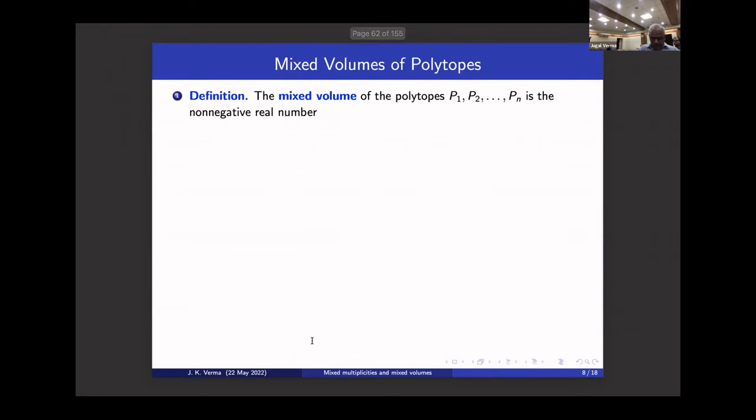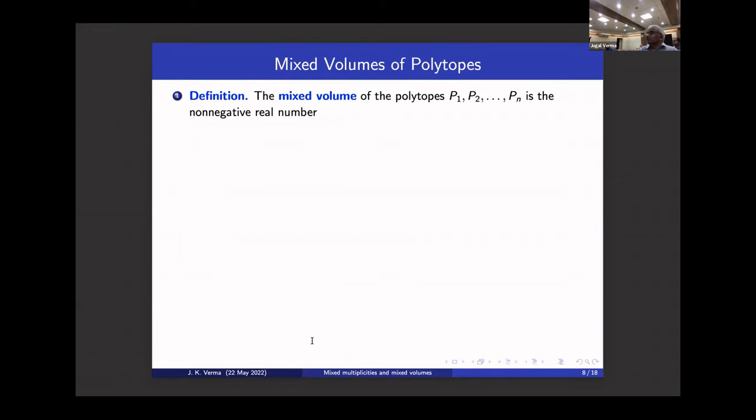All right. So now I go to mixed volumes of polytopes. These are classically studied by Minkowski. And these mixed volumes have lots of applications in applied mathematics also. For example, if you read the book of Bernd Sturmfels on polynomial equations, he points out that in game theory there is a notion called Nash equilibrium.